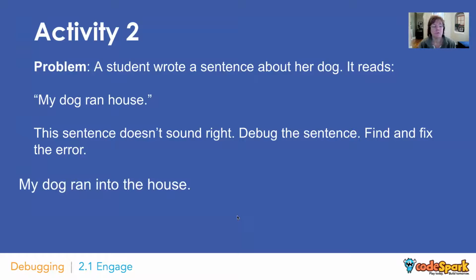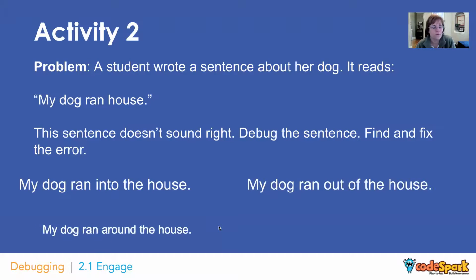Did you think my dog ran into the house? Maybe add those words. Maybe you thought my dog ran out of the house. So that would work too. Or my dog ran around the house. Any of those would fix that sentence and it would make sense. Maybe you thought of something different.